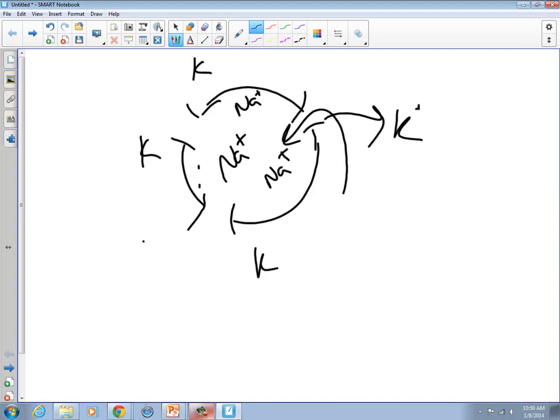All right, and so this is going to be in your action potential. Okay, so that's the first part.